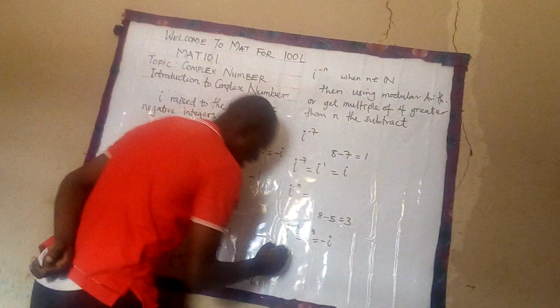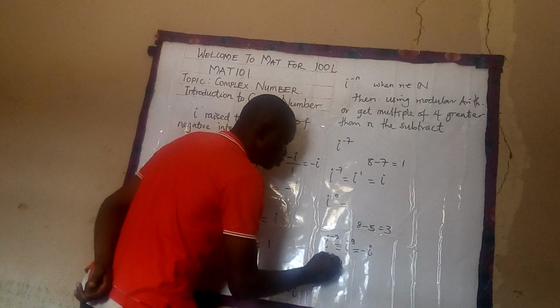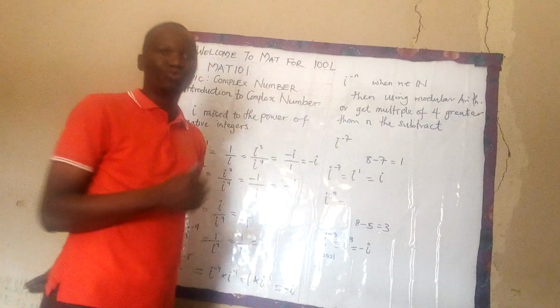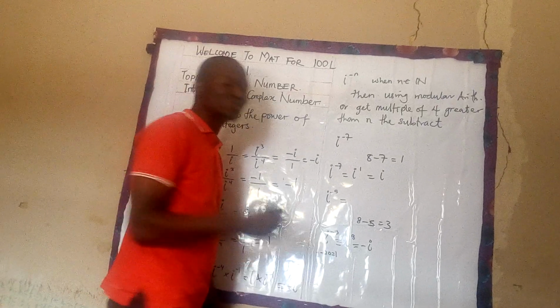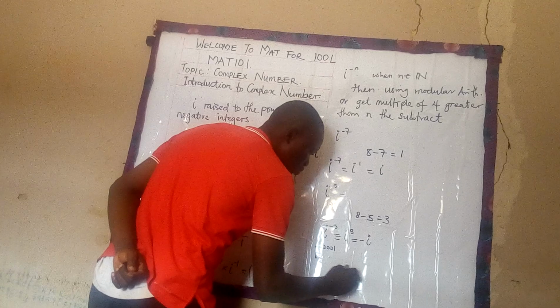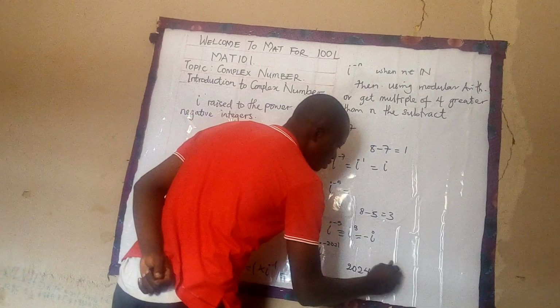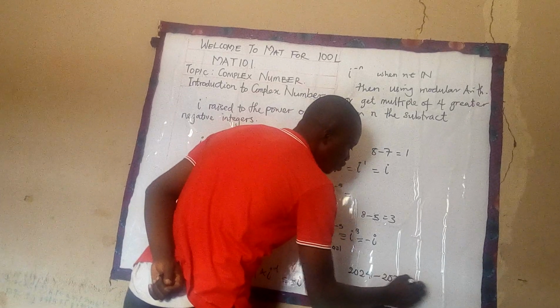Finally, the final example, i raised to the power of negative 2021. The multiple of 4 that is greater than 2021 is 2024. So we say 2024 minus 2021 is equal to 3.